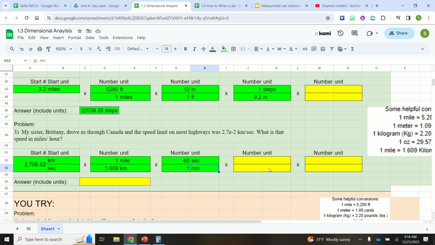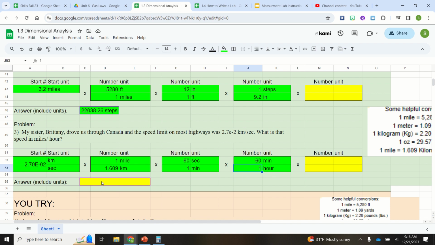So our minutes will need to cancel. Therefore, they need to go on top. And then we can convert from minutes to hours. And then 1 hour again is 60 minutes. So now we have our miles per hour.